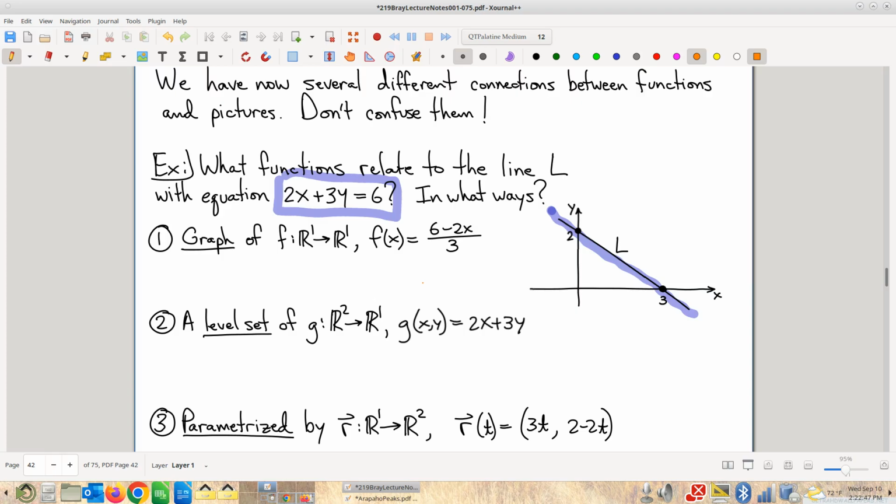So, I want to look at the given equation and I ask, what function, if I were to set it equal to a constant, would give me this equation? And it practically leaps off the page. Well, it's already written as some function being set equal to a constant. In other words, it's literally already written as a level set of a function. There it is. It's 2x plus 3y. Is that cool? Everybody happy with that one?